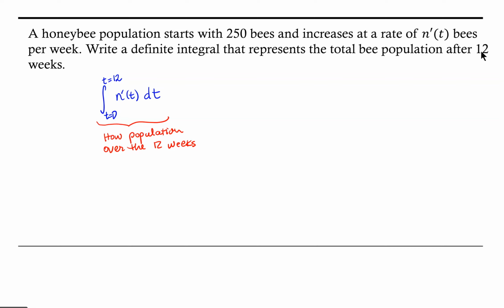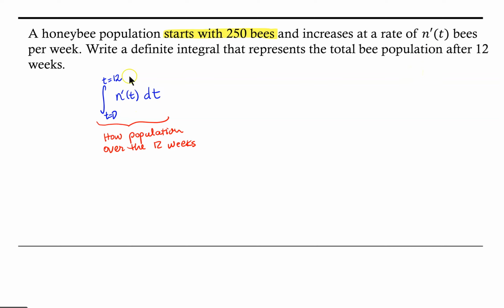But we haven't yet incorporated the fact that this started with 250 bees. So we have a definite integral that represents how the population will grow, but we want to represent the total bee population. And that's actually rather easy.